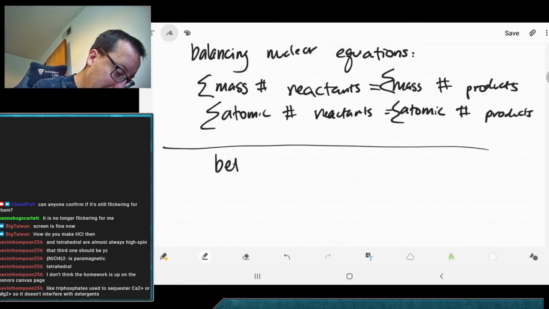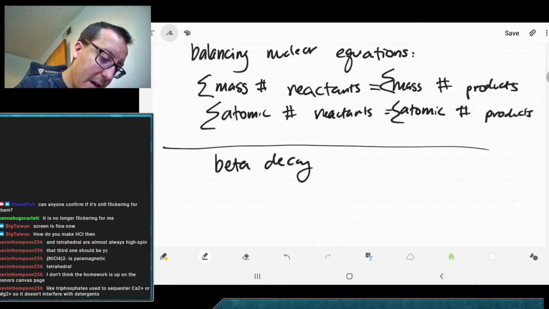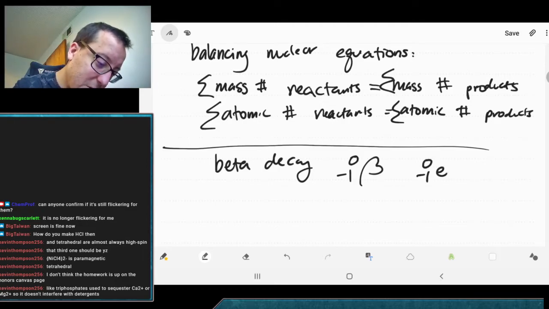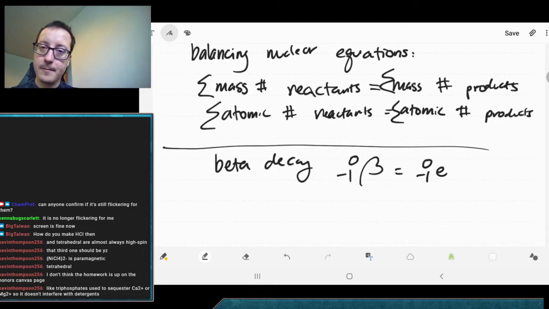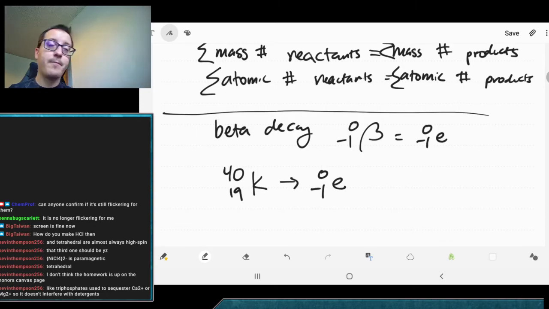Another process is beta decay, in which you'll end up releasing beta particles, which are just electrons. These end up being emitted. So something that might undergo beta decay, oftentimes you'll see this as beta, so I will keep it as beta.